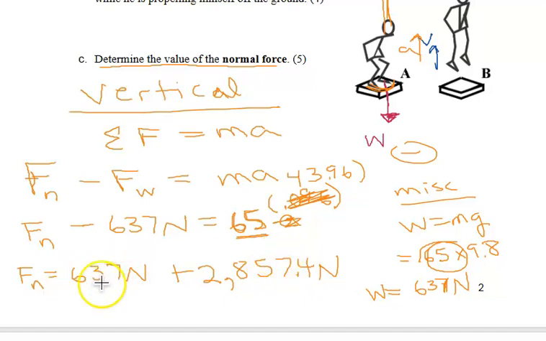So the stress on this pressure pad, this is what it would take if he were just at rest. There's a ton of force required to propel him upwards, like if you think about somebody jumping off of a diving board, how much that diving board flexes to create that upward force. So if you add these two together, the total pressure at the surface is 3,494 newtons.